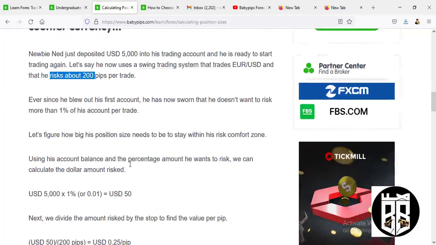Since he blew his account, he decided he is no longer going to risk more than 1% per trade of his account henceforth. So he loaded up $5,000 and said, I am going to be risking just 1% of my account.